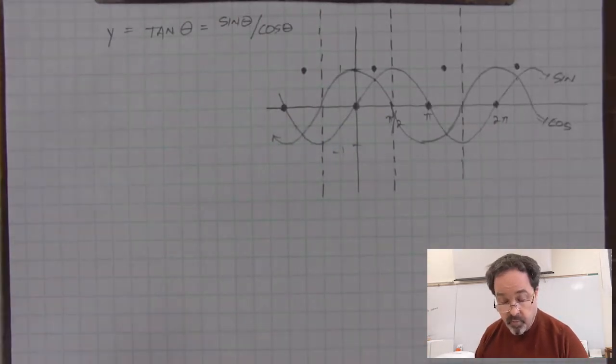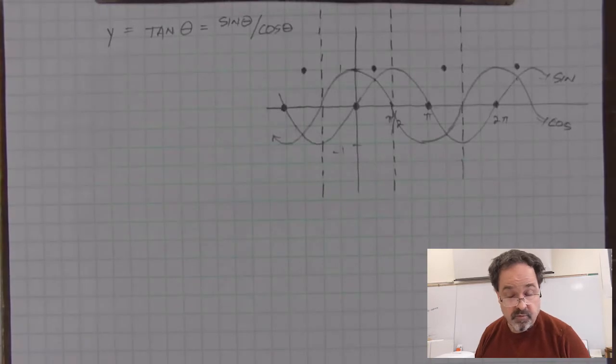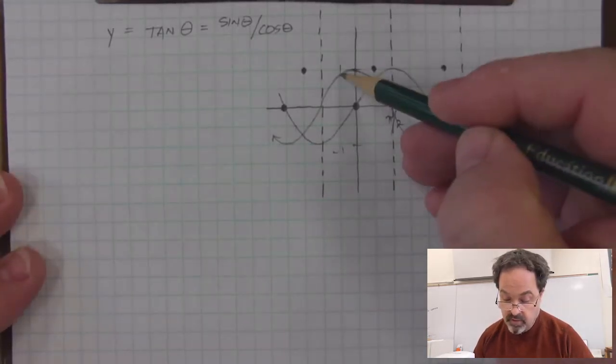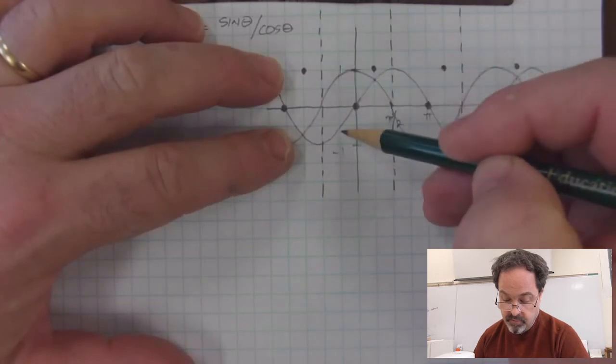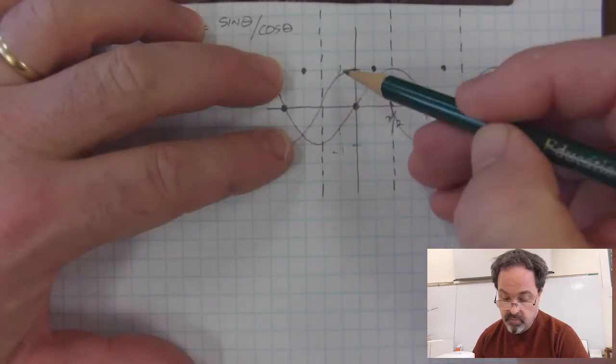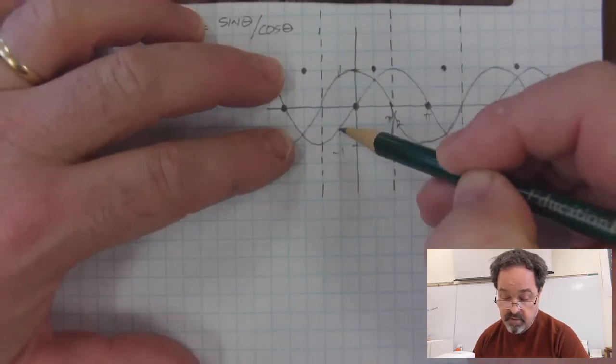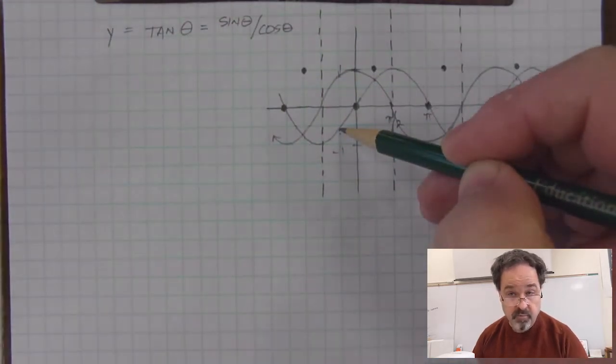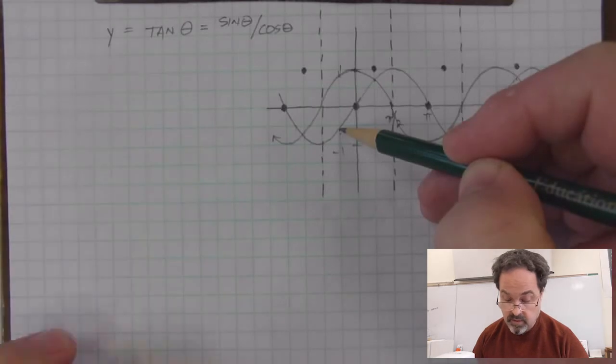Last points that we're going to establish on the tangent graph are when sine and cosine are equal to each other but opposite in sign. Sine and cosine have equal magnitude here and here, but cosine is positive and sine is negative. So it's something over itself but opposite in sign, which means that it's -1.